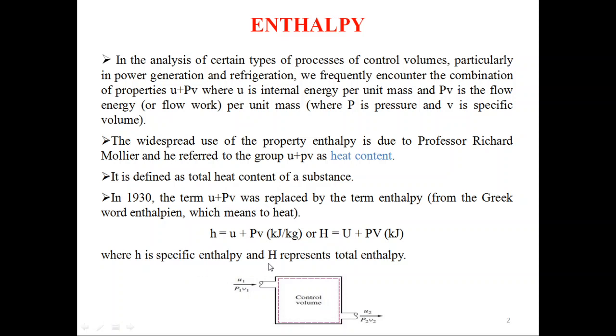So the term U plus PV is represented by H, where small h represents specific enthalpy and capital H represents total enthalpy, where capital U represents internal energy, P represents pressure, capital V represents volume, small u represents internal energy per unit mass, and small v represents specific volume, that is volume per unit mass.